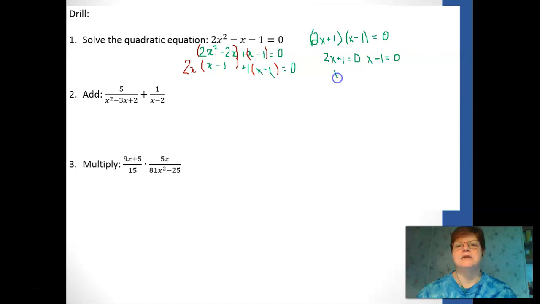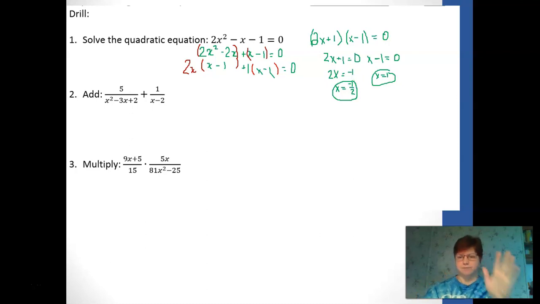So subtract 1, that's a negative 1 over 2 for 2x, which means that x is negative 1/2. And then we add 1 here, and that means that x is positive 1. So there are our two answers, and we can always check them by typing in our calculator and seeing if it works.